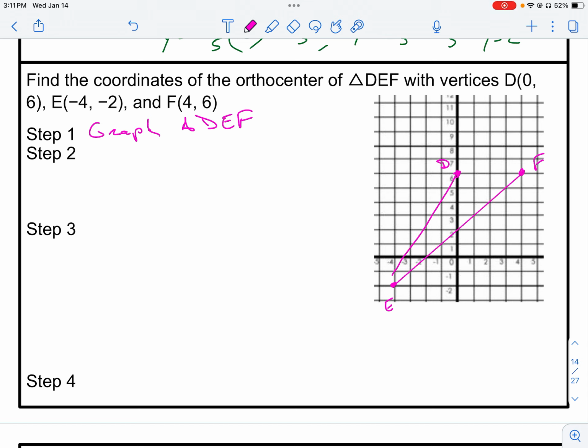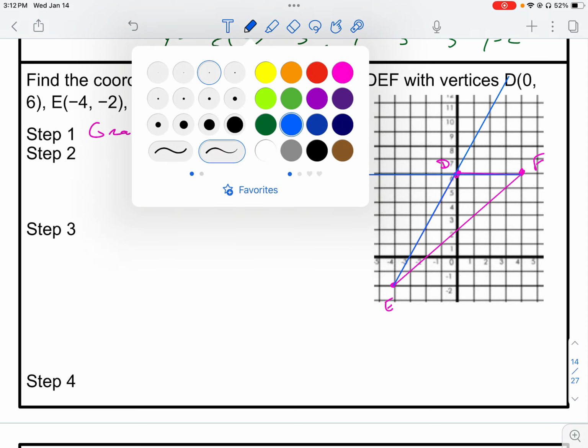We'll draw in our triangle right here. And we can clearly see that it is an obtuse triangle, so we're going to have to extend our lines out past the triangle to get its altitudes.